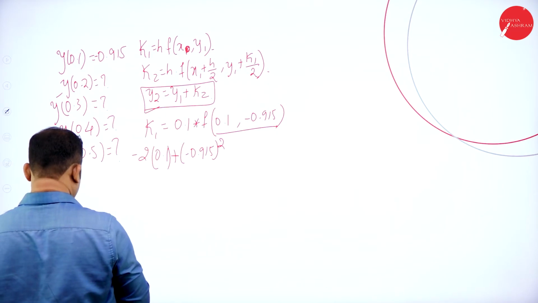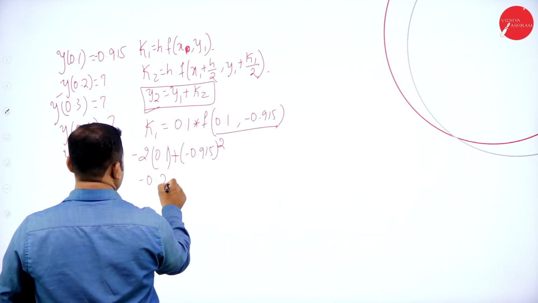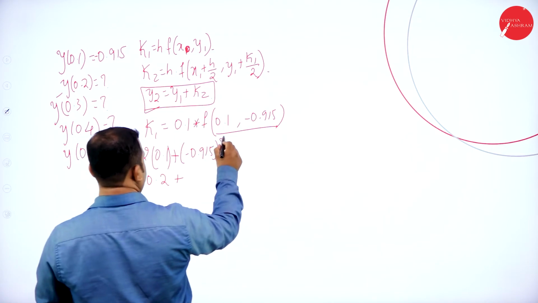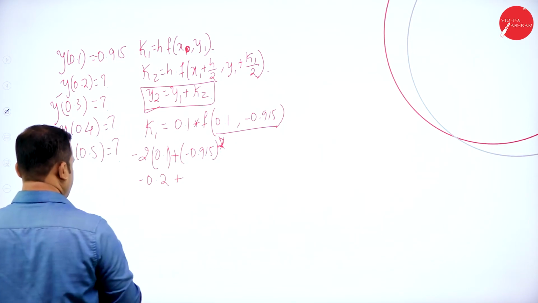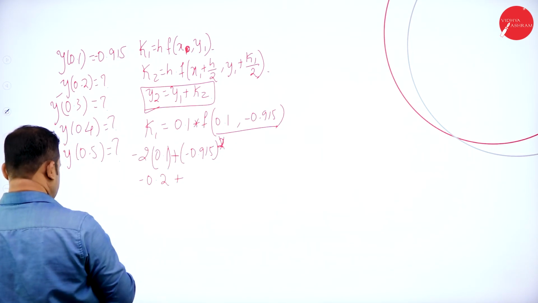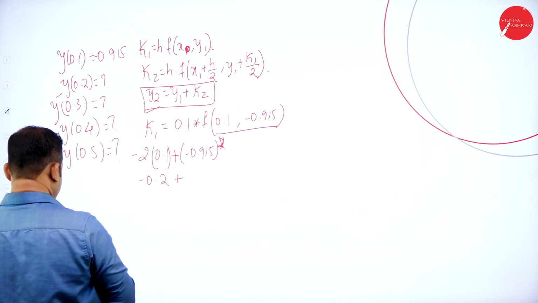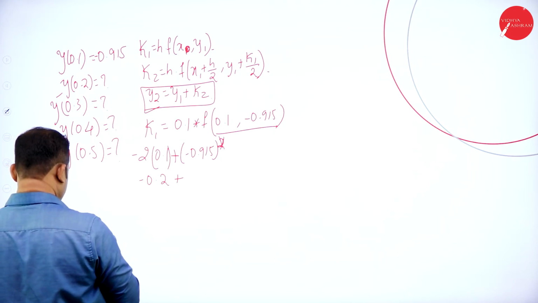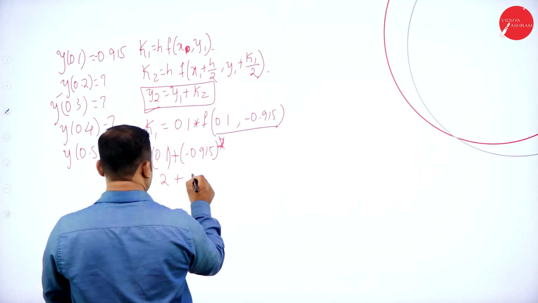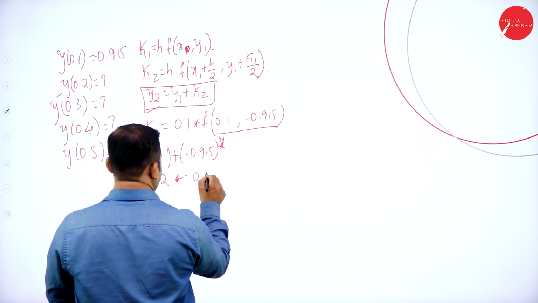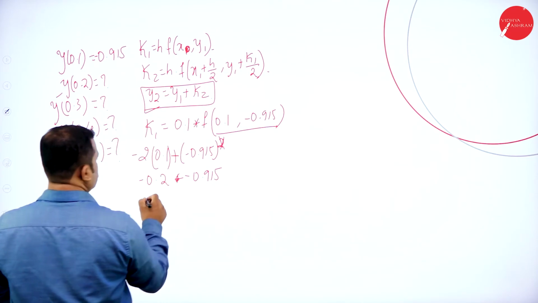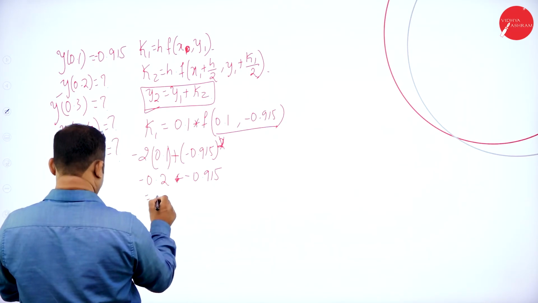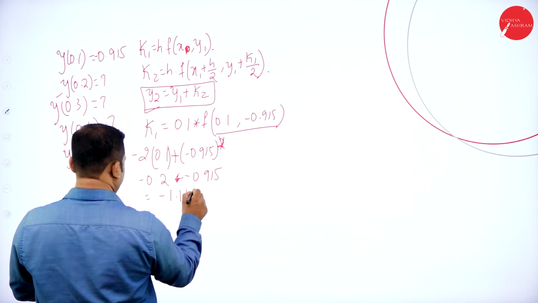plus, this is plus y, means what? Minus 0.2 minus 0.915, which is equal to minus 1.115.